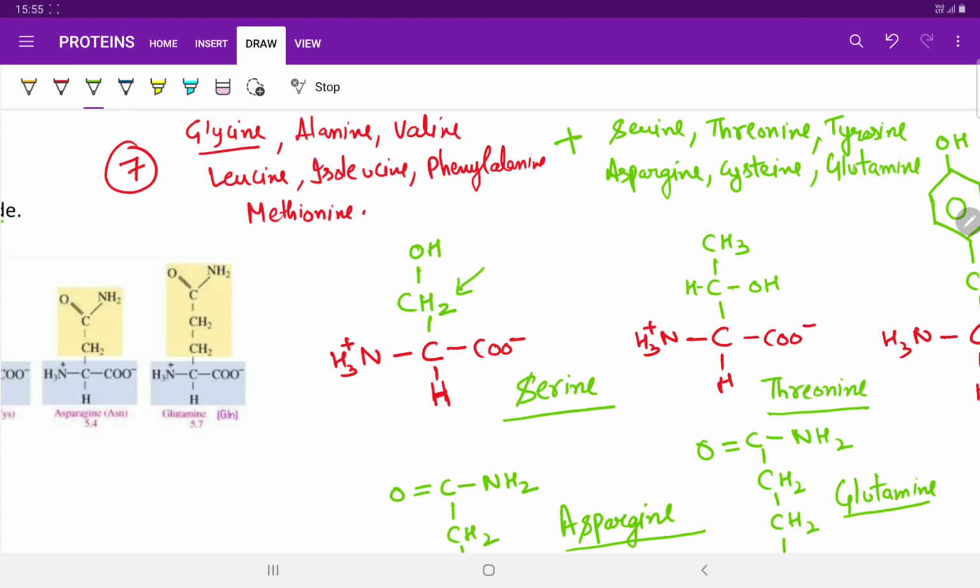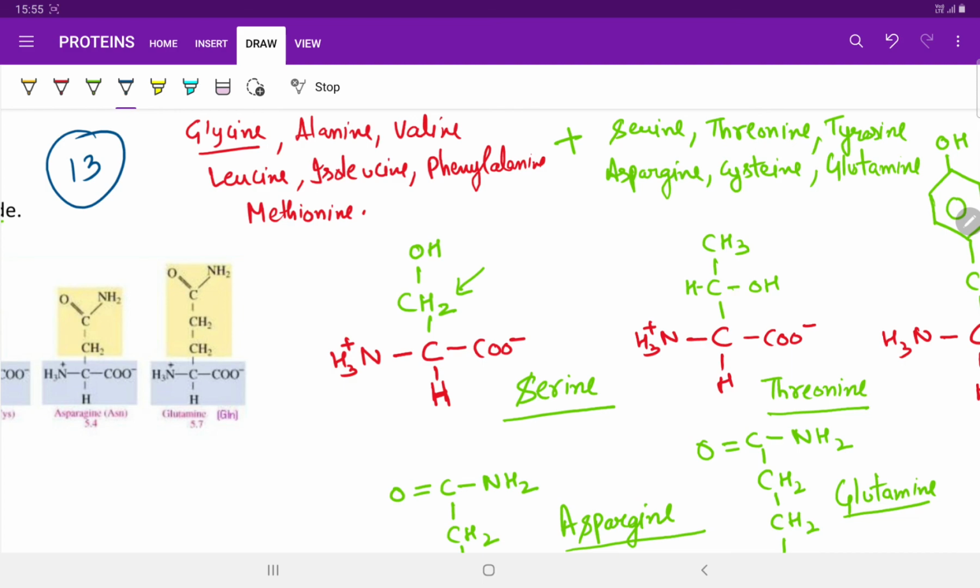So these are the additional 6 amino acids which you are learning in the polar amino acids, and these previous 7 are from non-polar amino acids. Now in total, you can easily draw 13 amino acids.